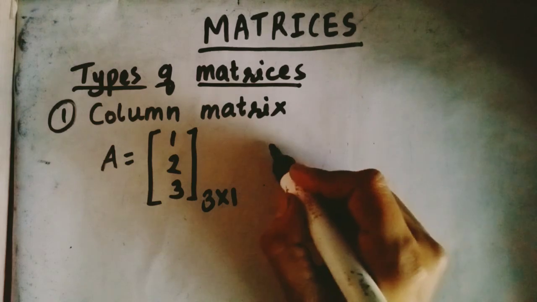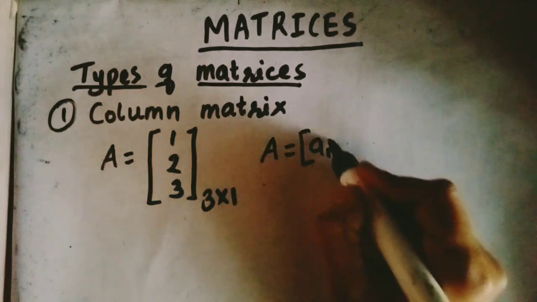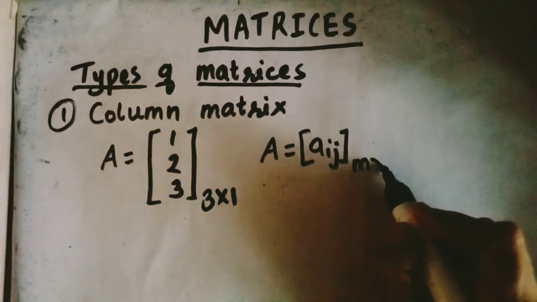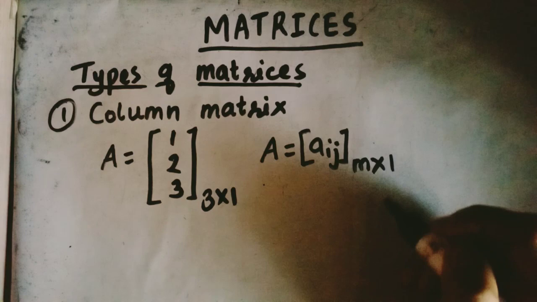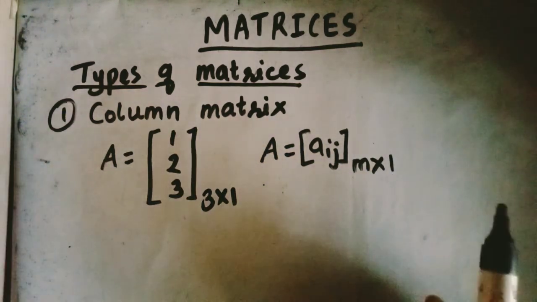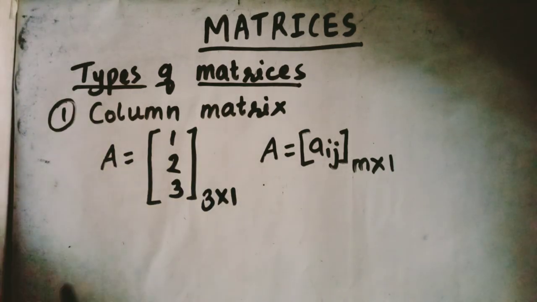In general we can write A equals Aij, where the order is m cross 1, that is, rows can be any number and there is only one column. This type of matrix is a column matrix.